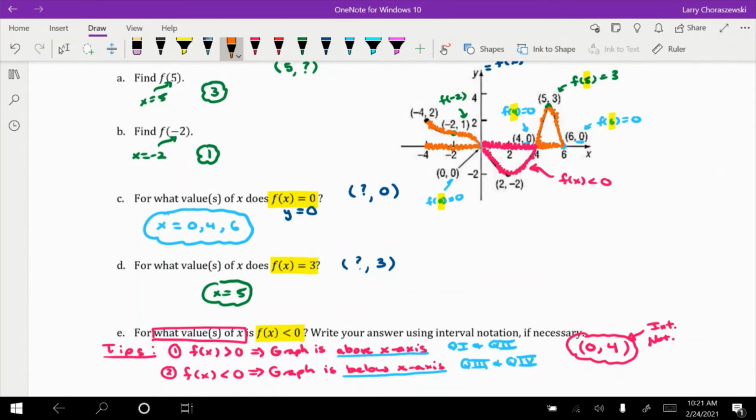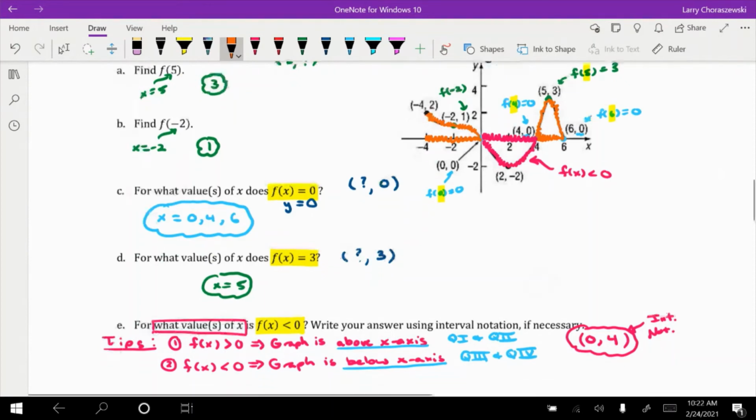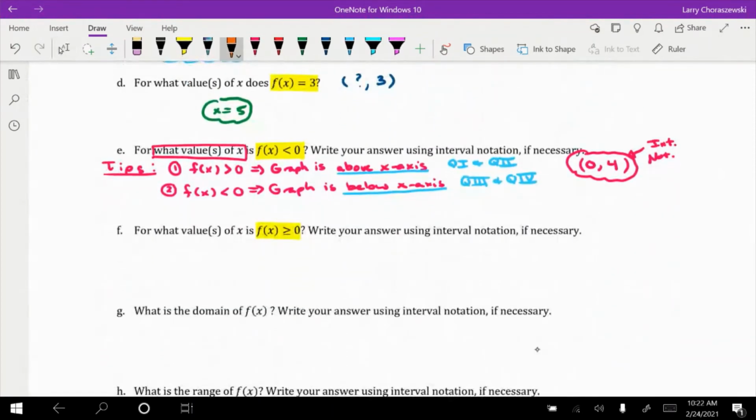And so there are going to be two intervals for this answer. [-4, 0]. Can anybody tell me why I'm using brackets on these numbers? That's because we have a bar this time. All right, so we can include x equals 0. Or I'm sorry, x equals -4 and x equals 0. We're going to union this with [4, 6].